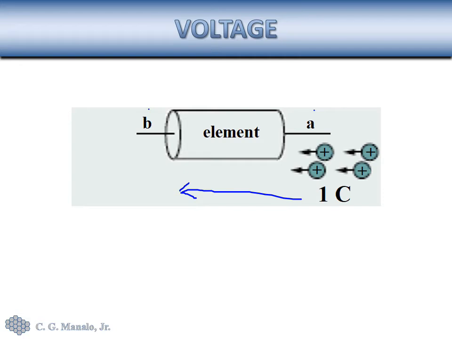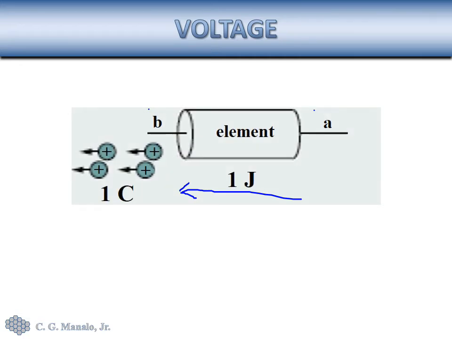Now if energy is required in order to let the charges cross between the terminals, that would mean that a voltage exists between terminals A and B. So that is what we mean by voltage.